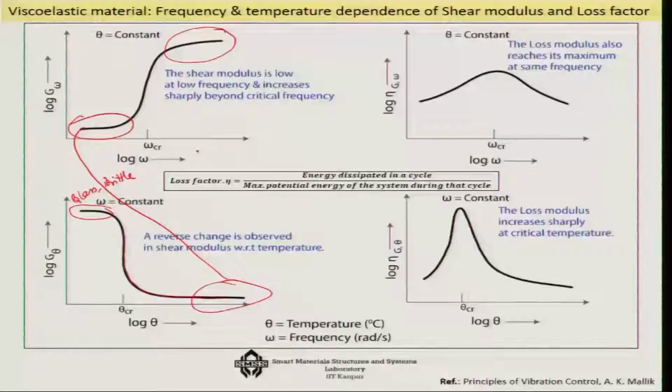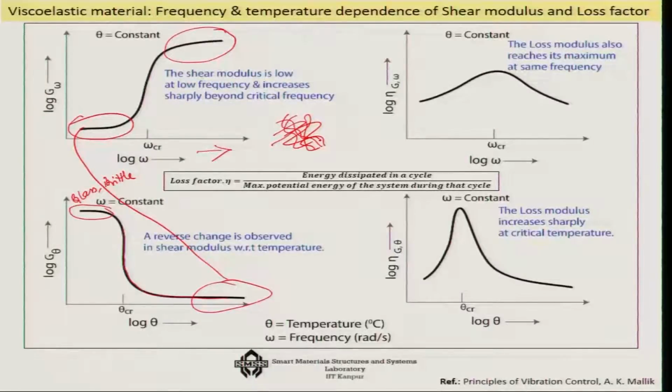But if the frequency increases in this direction, then the chains do not get enough time. Like noodles, they get jumbled up, and as a result the modulus of elasticity increases. So, that is what happens as you have seen in the behavior of the shear modulus with respect to temperature and frequency.